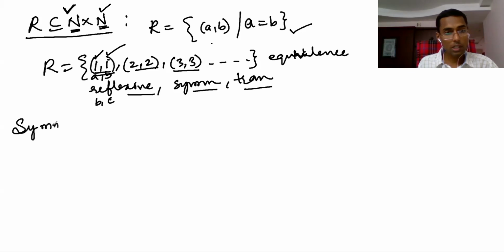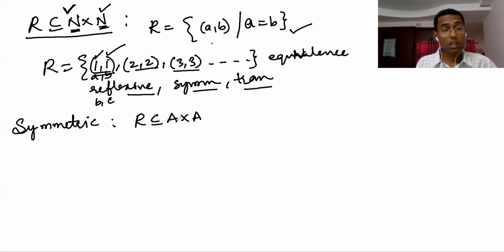What is a symmetric relation? Reflexive, symmetric, and transitive, this equivalence relation we have to check from set A to A only, not A to B. R is a relation from A to A. This is the first condition.